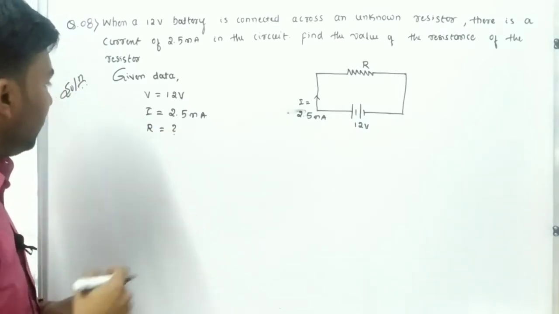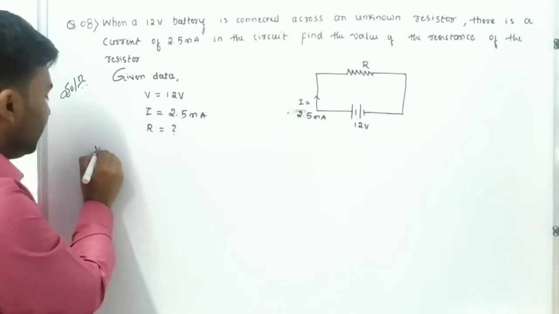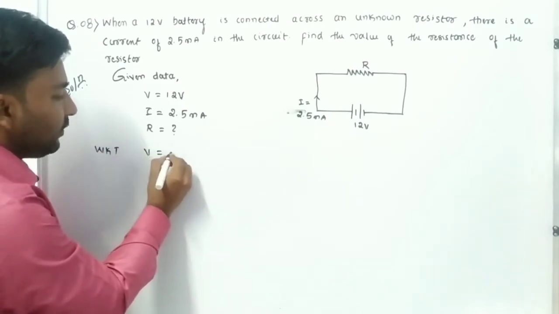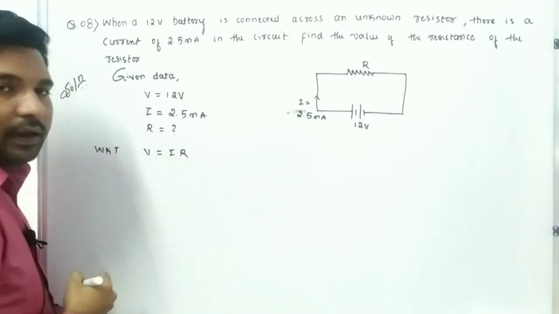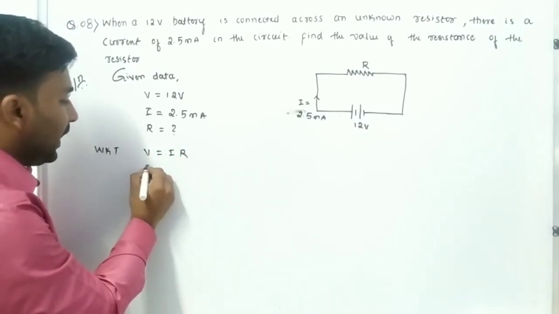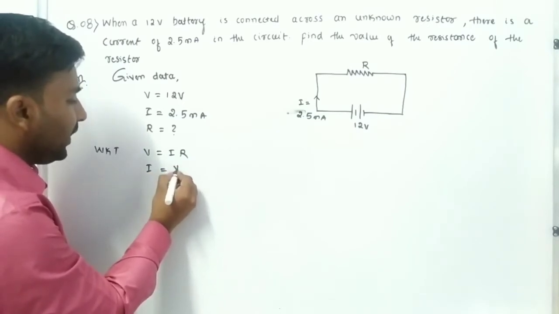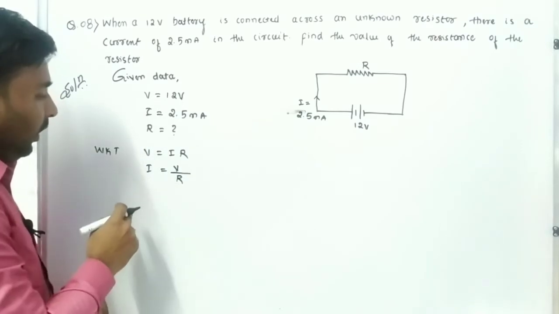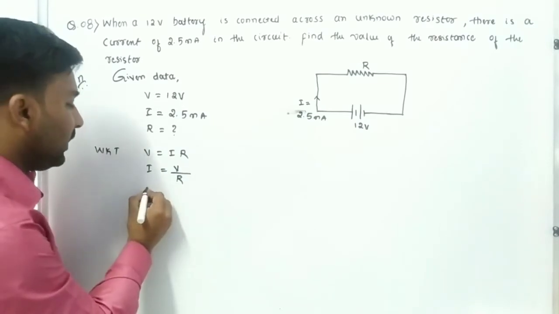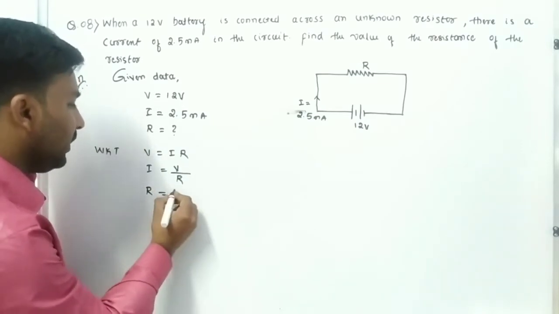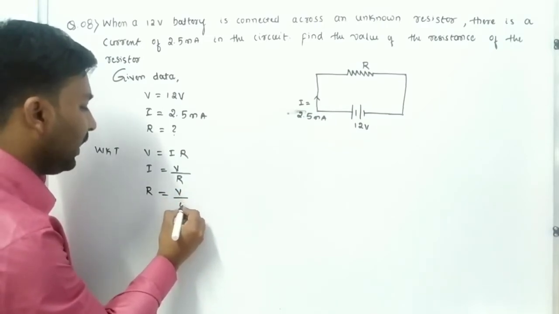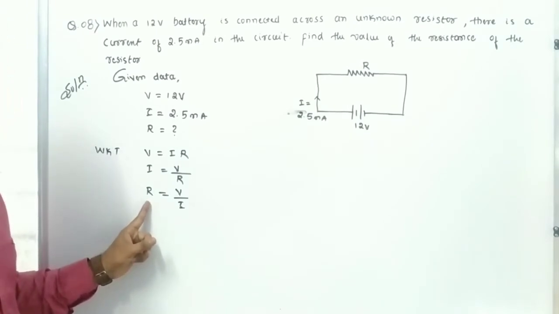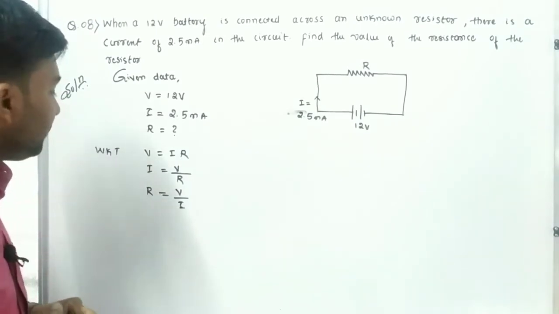Now we know that by Ohm's law, V is equal to I into R, right? So I is equal to V divided by R. Now you can write R is equal to V by I in order to calculate the resistance of the resistor.